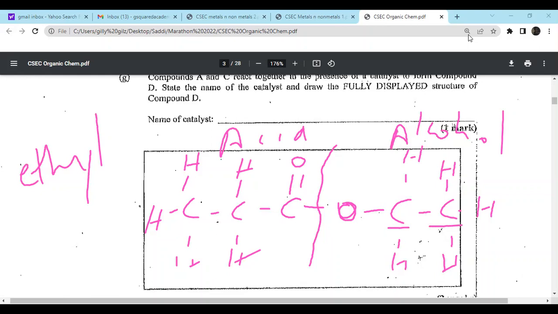Then count the number of carbons in the acid portion, which is 1, 2, 3. And the prefix for that is prop. Then you add anoate. Ethyl propanoate. That's the name of this ester. Ethyl propanoate. Okay. And of course, that would be the structure of the ester.